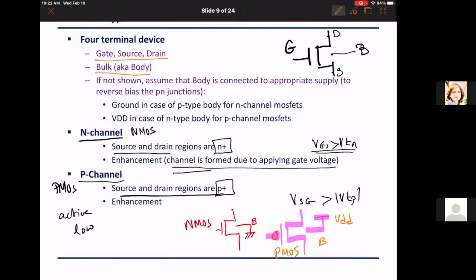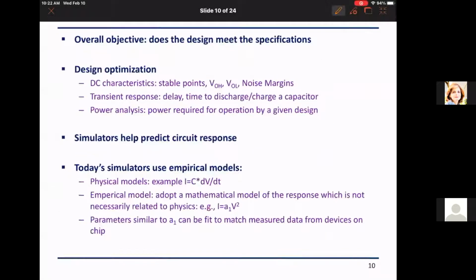If not shown we don't draw it, so we draw the transistor like this only with gate, drain, source, but we will assume that for n channel MOSFETs it is connected to ground, and for PMOS it is connected to VDD. Okay, so this is a given that we will consider for the rest of the course. Does anyone have a question? Okay.